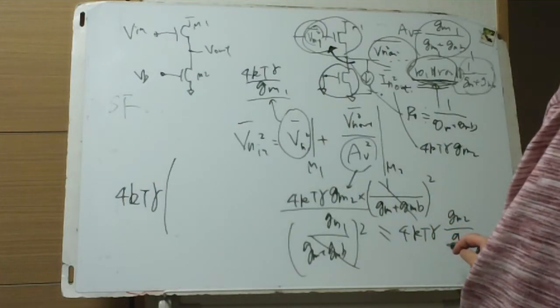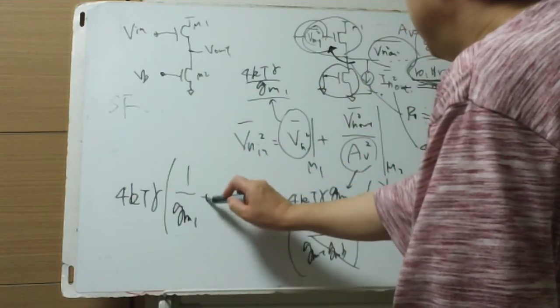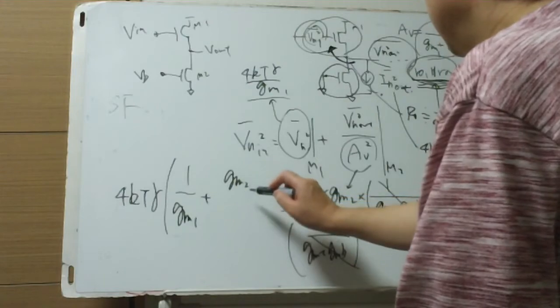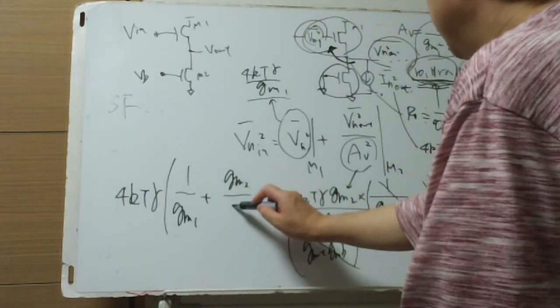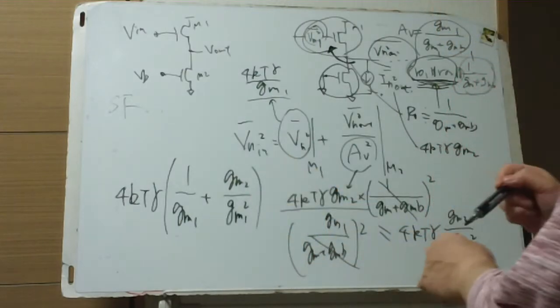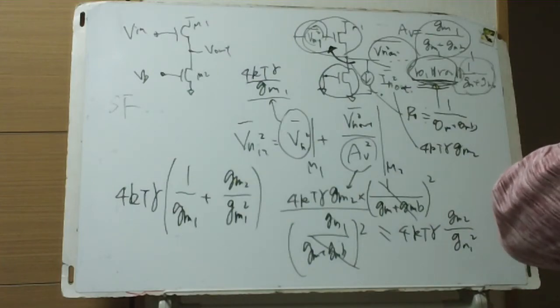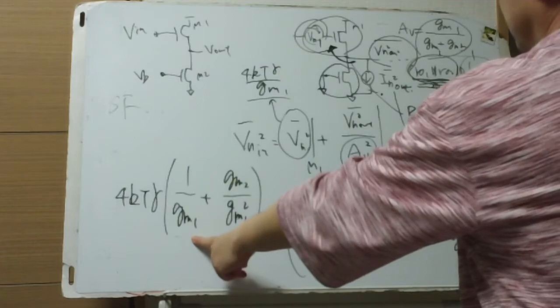This is 1 over GM1 plus GM2 of this time N channel, also M2, and GM1 squared N channel. The same. So almost the same value for common source and source follower, input referred.